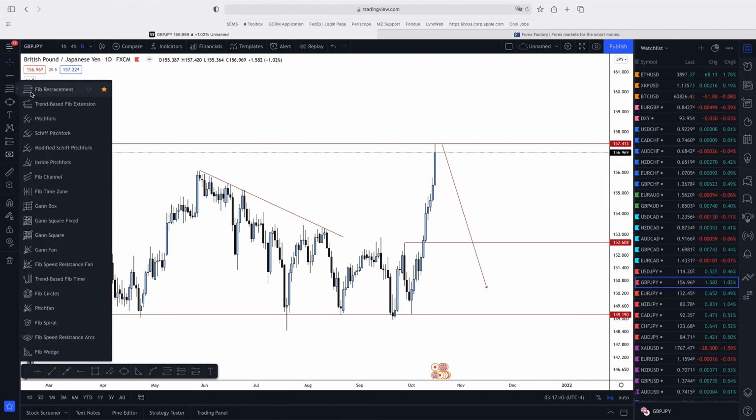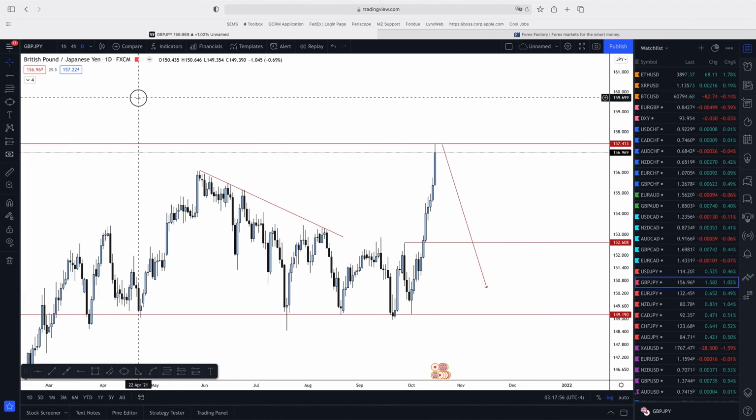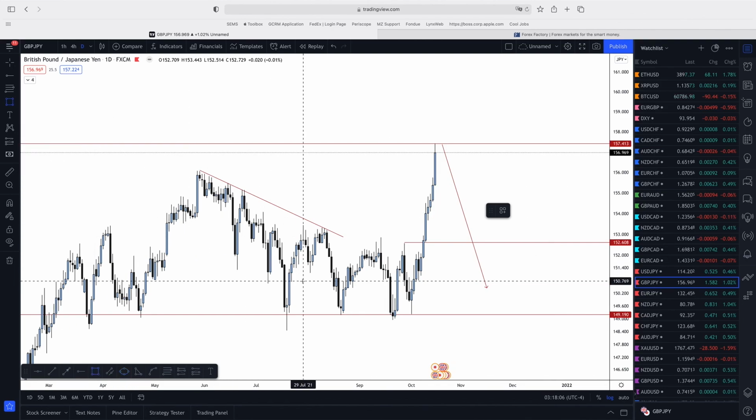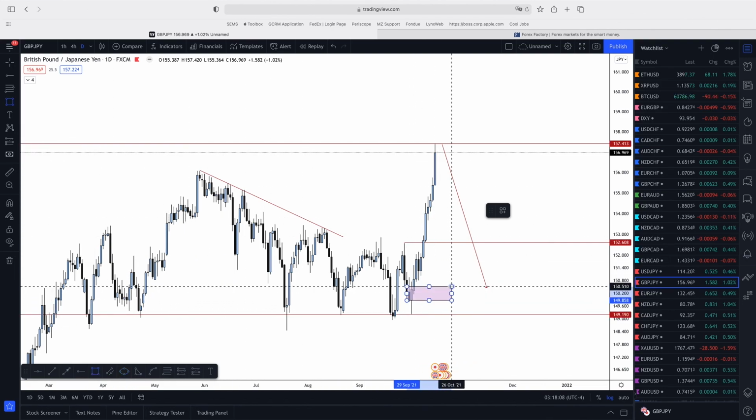Then we go over to the next one, which is a bunch of crazy things that you're not really going to need. The only one that you will see is my fib retracement highlighted. Just make sure you highlight it as well. You guys have the different ways to color your chart and specific important zones. You have your rectangle to mark up different zones that you like.